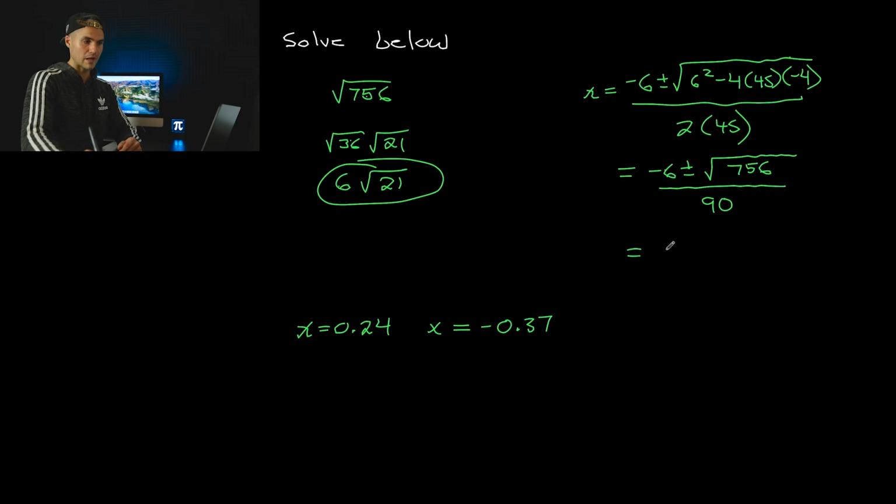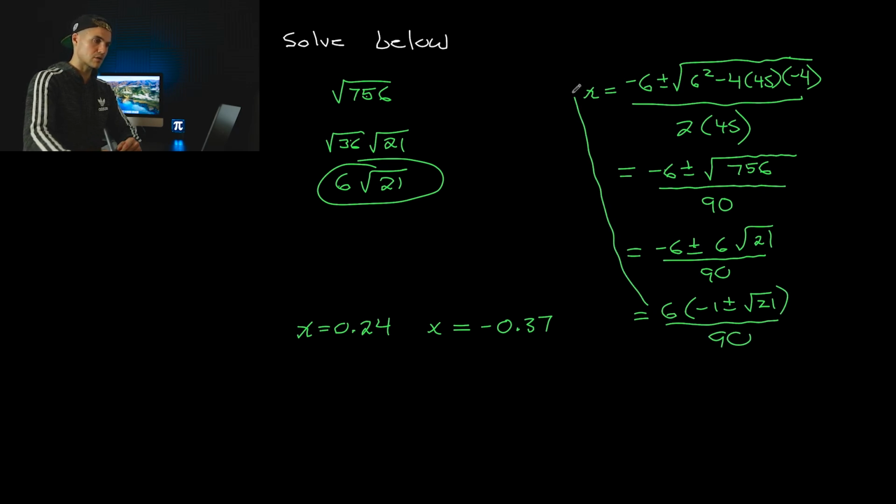Okay, so over here we would have negative 6 plus or minus 6 root 21 over 90, and then notice that we can factor out a 6 at the top. So that'd be negative 1 plus or minus root 21 over 90, and I'm going to continue that over here.